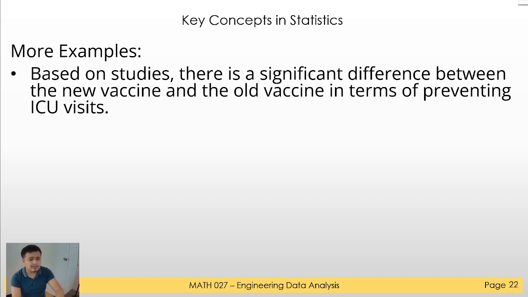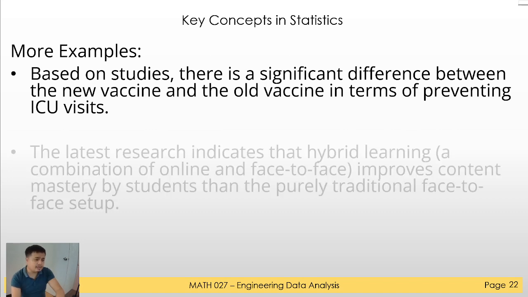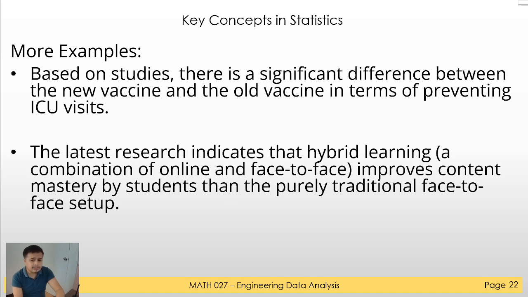We could get data using a sample to see whether there is some relationship between the old vaccine and the new vaccine's efficacy. Another example would be hybrid learning versus a purely face-to-face setup. Maybe there is some advantage of hybrid learning versus traditional face-to-face. So we could get some conclusions based on what data we have right now. Okay.